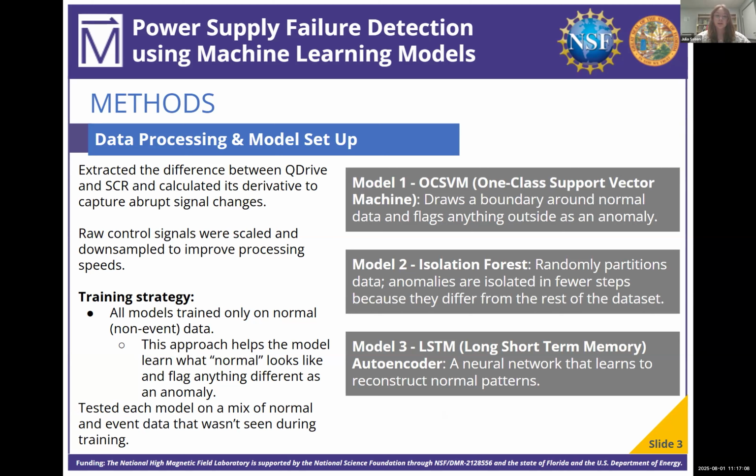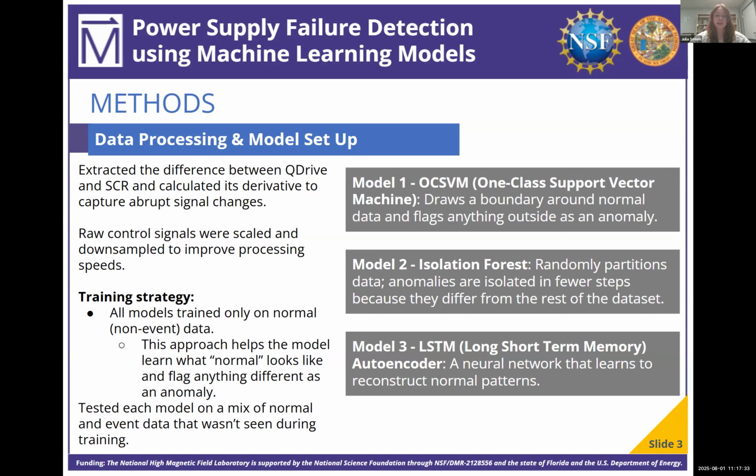Our second model is an isolation forest model. It splits the data randomly, so anomalies get isolated more easily. The third model is a long short-term memory autoencoder, or LSTM model. It's a deep learning model that learns to reconstruct normal patterns, and if something isn't reconstructed well, it's pretty clear that it's anomalous.